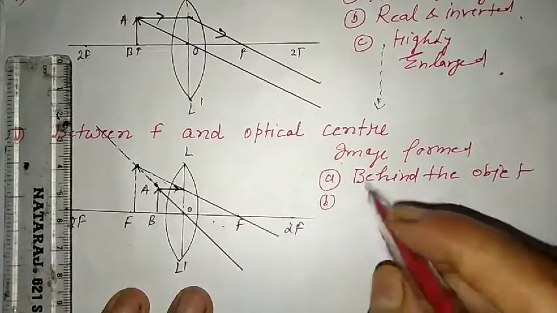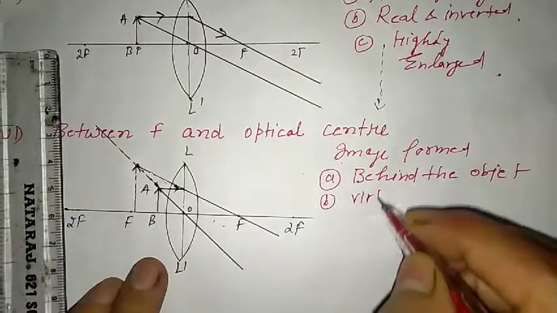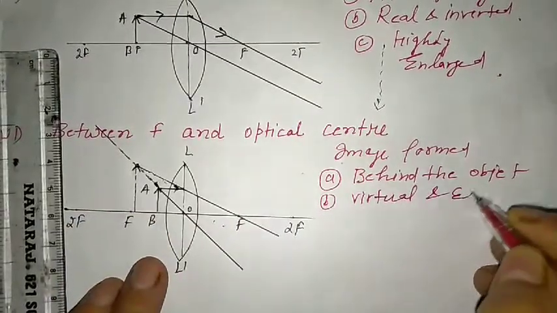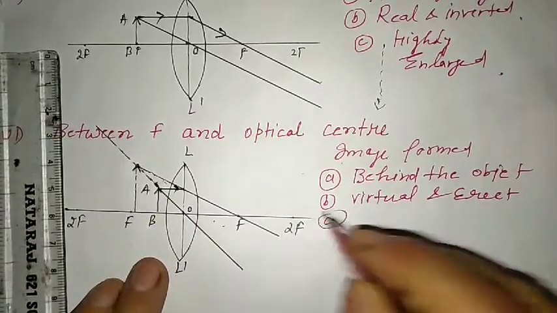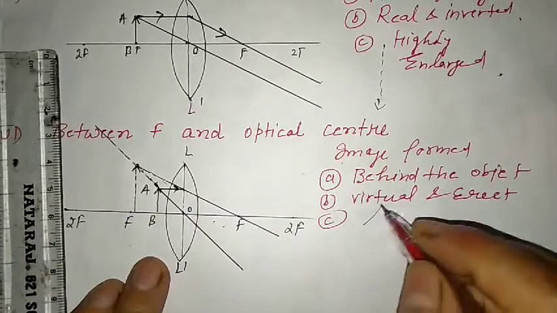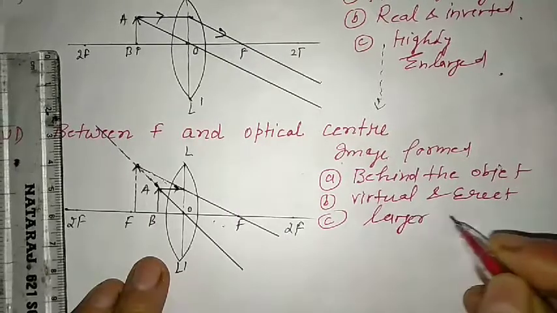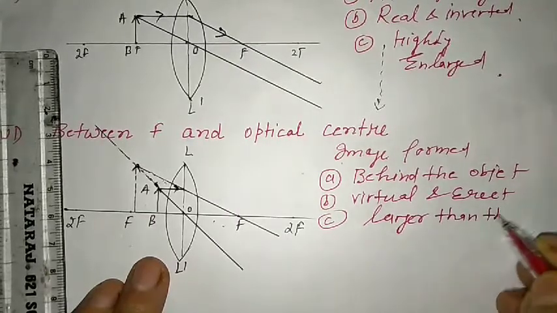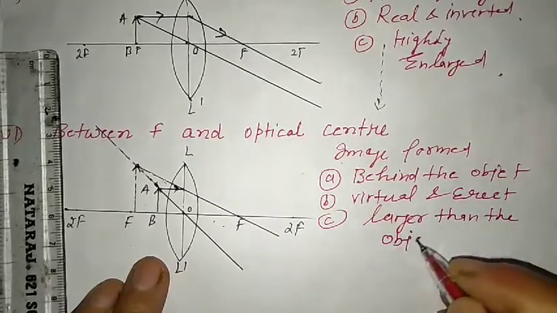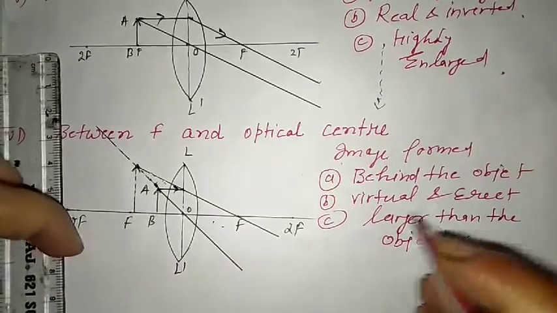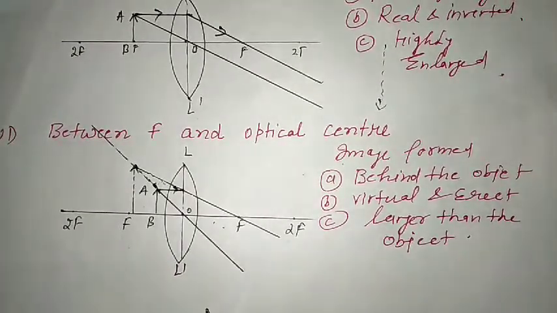B part, now you can see this is erect. So virtual and erect. C part, it is larger than the object. Or we can say magnified. That's why this lens is also known as magnifying glass.